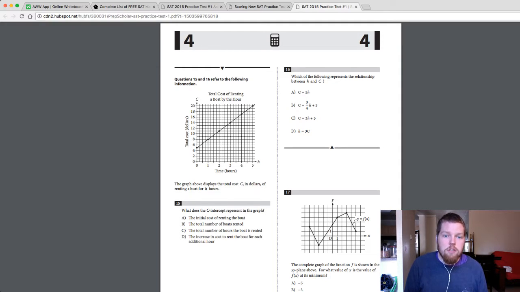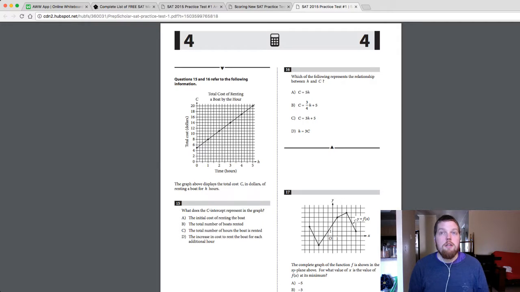Total cost of renting a boat by the hour, time in hours, total cost in dollars. So we have time on the x-axis, cost on the y-axis. What does the y-intercept represent on the graph? So for 0 hours of the boat, you're going to pay $5.